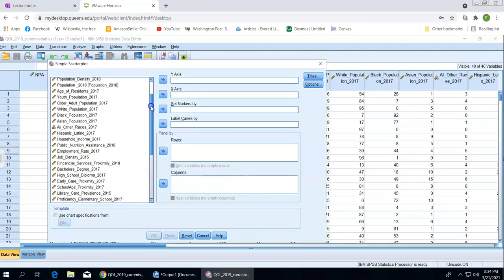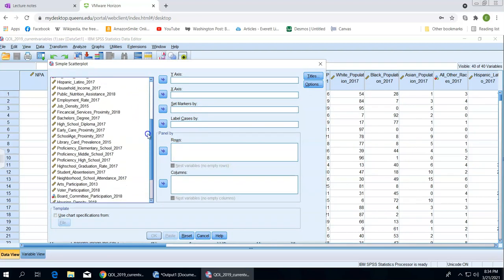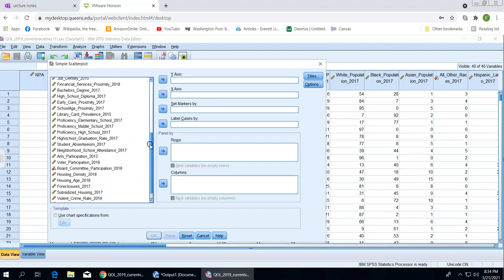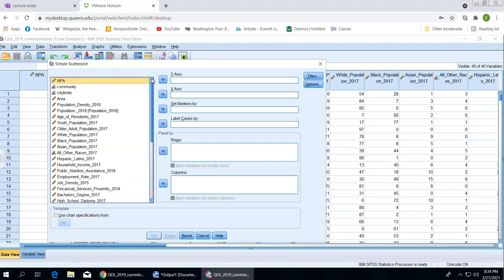And we're going to take one variable and put it on the x-axis, one variable on the y. For correlation, it doesn't really matter which one is which because there's not really an independent variable and a dependent variable. But when we talk about regression, there is.